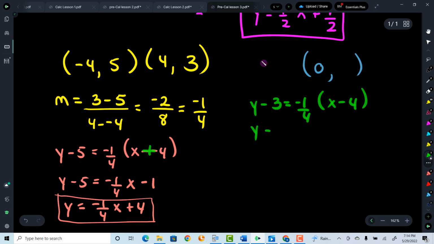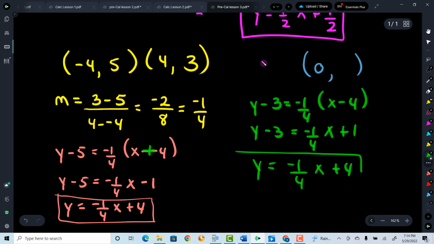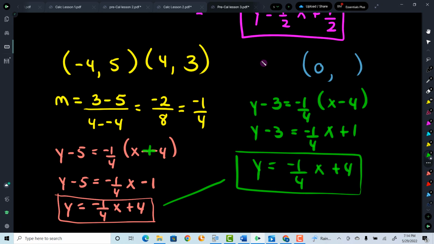So that will be y minus 3 equals negative 1/4 x plus 1. If I add 3 to both sides, I get y equals negative 1/4 x plus 4. We got the same equation using both points. So it doesn't matter which point we use. Okay?